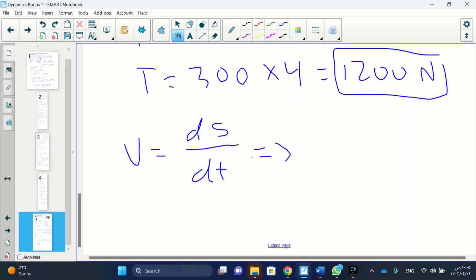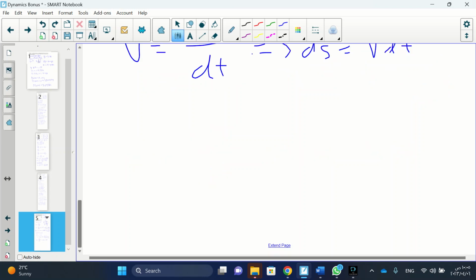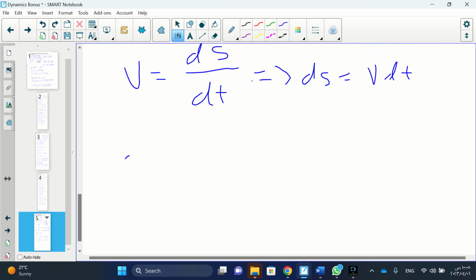So let's put ds on one side, so ds equals v dt. So ds is equal to 0.4 t squared. This is from 0 to s, this is from 0 to t.